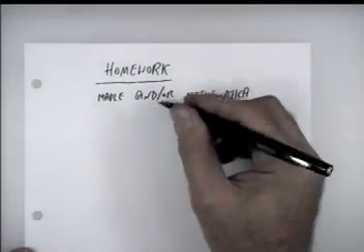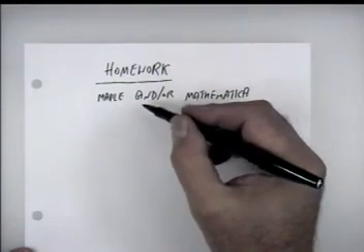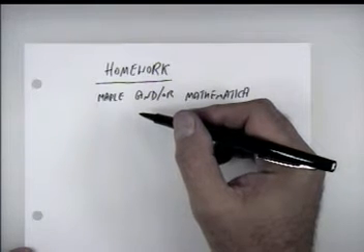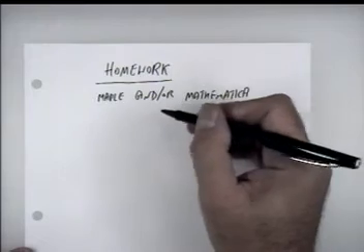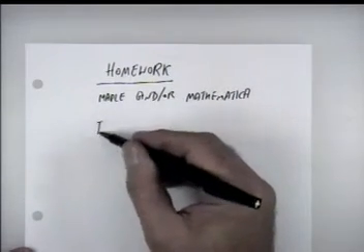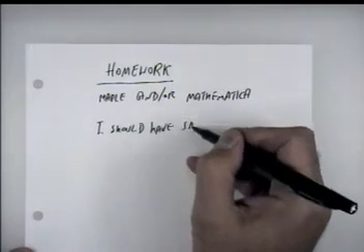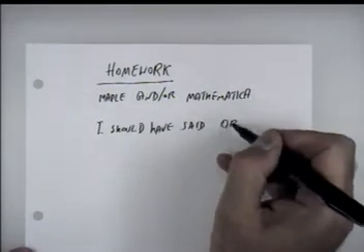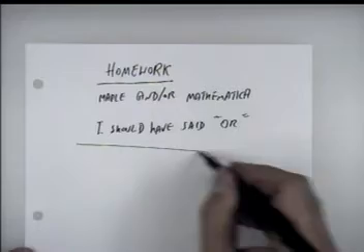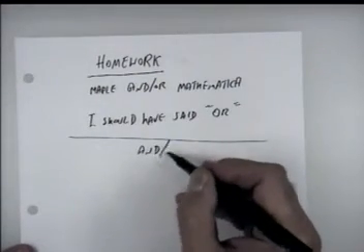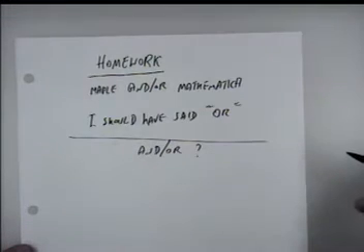Now, why did I say and or, what should I have said, Mr. Plasencia? What should I have said, Ms. Gentilini? I should have said or. Okay, why did I say and or? But I said what I said. I said and or.